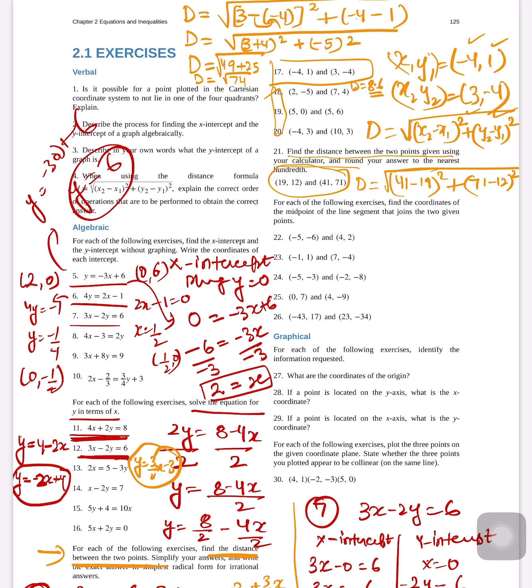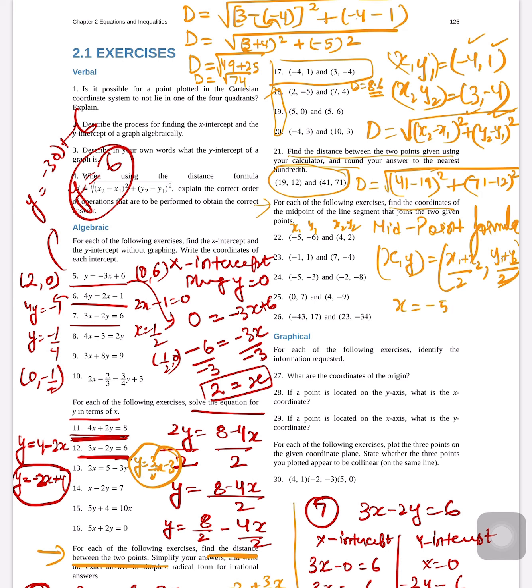The next question is to find the coordinates of the midpoint. First of all, we can write the midpoint formula. The midpoint formula is (x, y) equal to ((x1 plus x2) divided by 2, (y1 plus y2) divided by 2). So for x, you use x1 plus x2 divided by 2. This is your x1, y1 and this is your x2, y2. So for x, x1 is minus 5, x2 is 4.